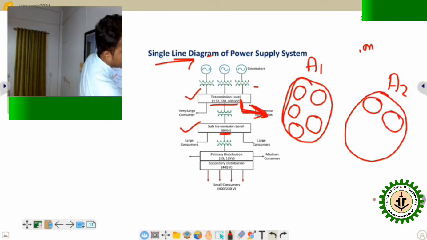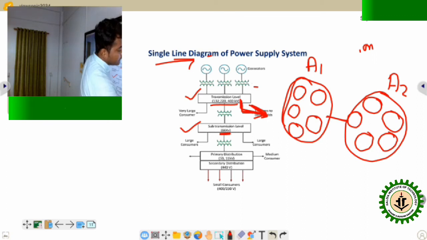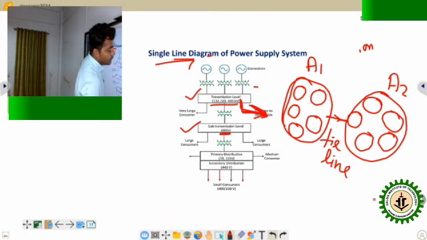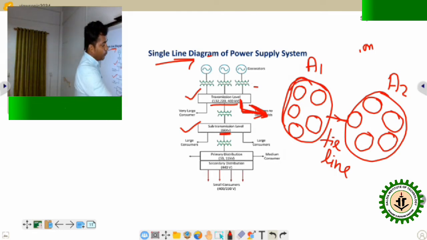And these two areas are interconnected by one line. This is called a tie line. A tie line is the line which interconnects two areas. And what is the advantage of this tie line? Before this tie line, what happened?